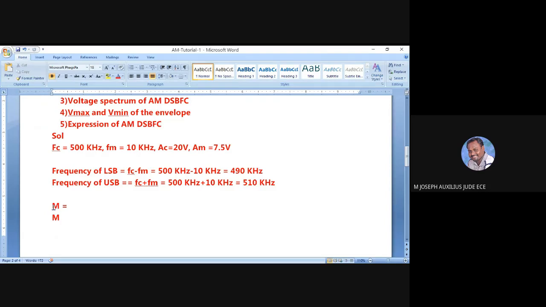Small m is equal to Am by Ac. So what is Am by Ac? 20 divided by 7.5? What's the value?